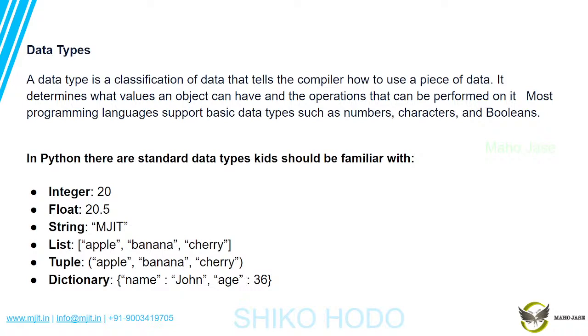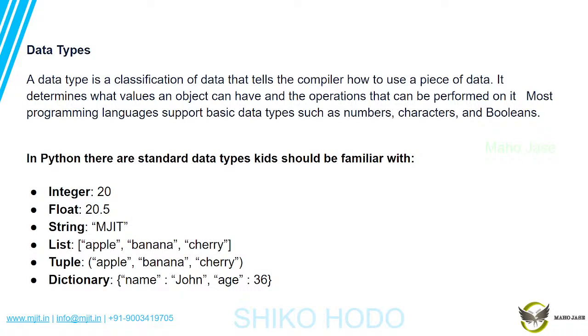So, data types. A data type is a classification of data that tells your compiler how to use a piece of data. It determines what values an object can have and what operations can be performed on it.